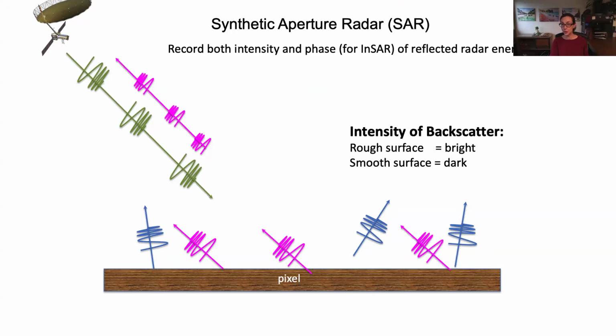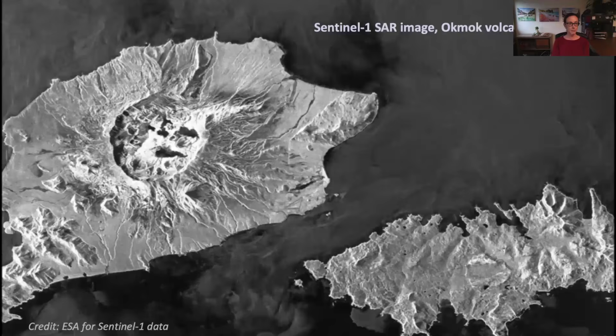So here's an image that shows that. This is an image over Okmok in Alaska. And you can hopefully very clearly see the volcano here on the island. There's a little airstrip here. You can see right there, that little triangular feature is an airport, which is very smooth and therefore very dark.